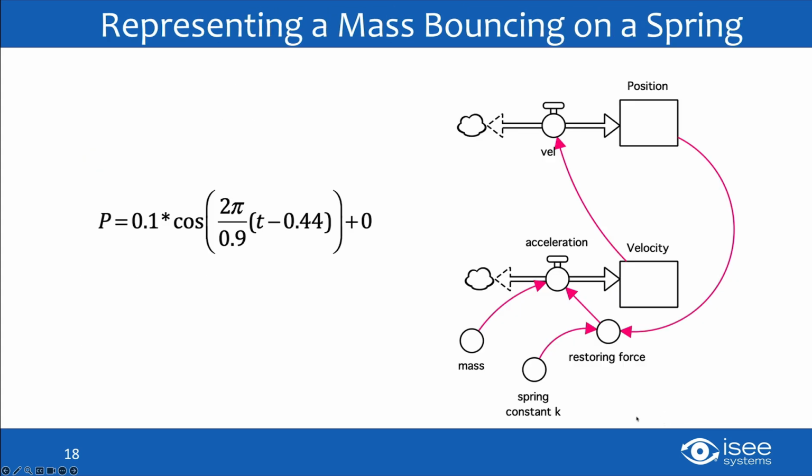Consider, for example, representing the behavior of the position of a mass bouncing on the end of a spring. On the left, we see the closed-form equation that captures the oscillation, but the numbers mean very little to the students. Yet on the right, the entire diagram structure captures the essence of the scenario, how the parts are connected, and which parts represent each component.